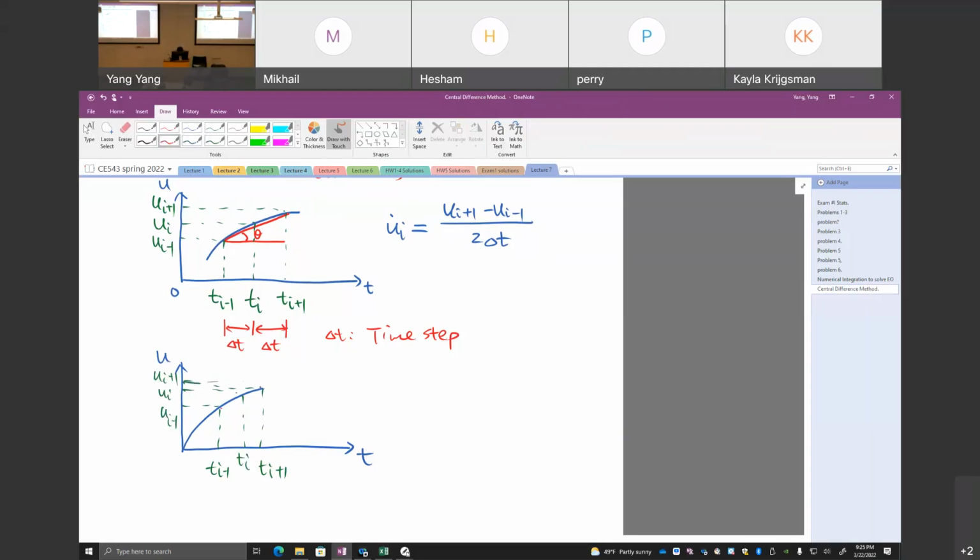We have a slope here, called theta_(i-1), and a slope here, called theta_i. So similarly, we can express the acceleration in terms of the slope of the displacement, because the slope is actually the velocity. So that's equal to theta.